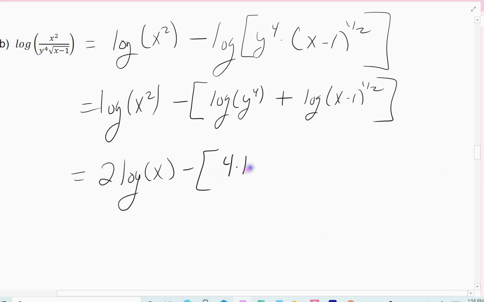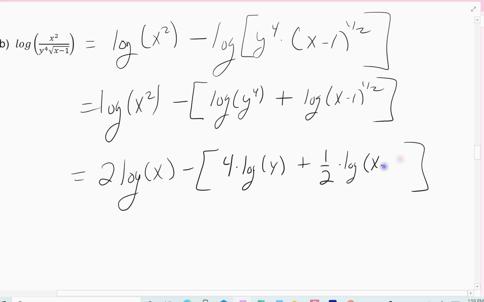So 4 times the log of y plus 1/2 times the log of x minus 1. And I'm really done at this point. I no longer have a quotient, a product, or roots. You cannot simplify that expression, log of x minus 1. You cannot distribute the logarithm.